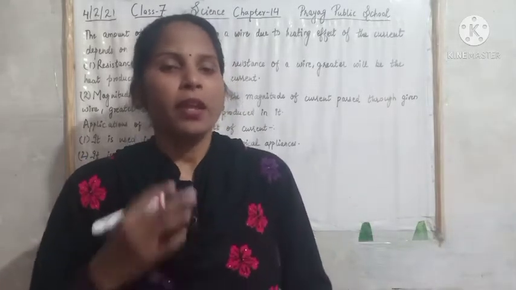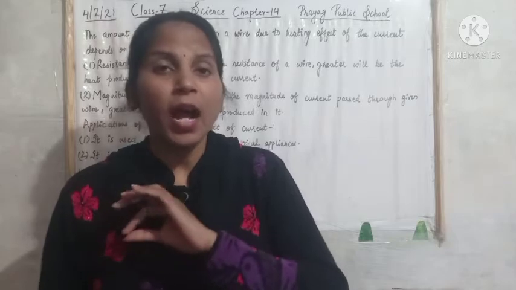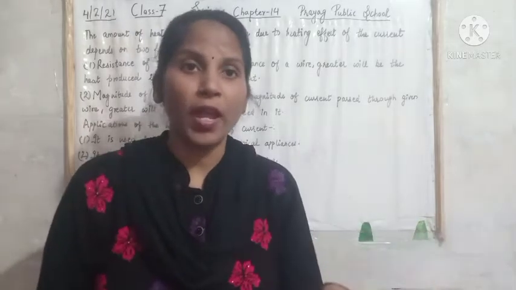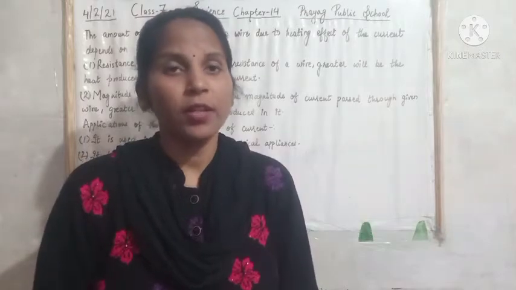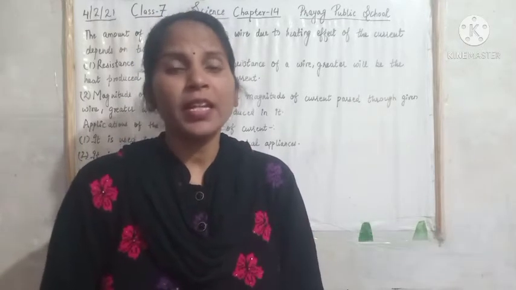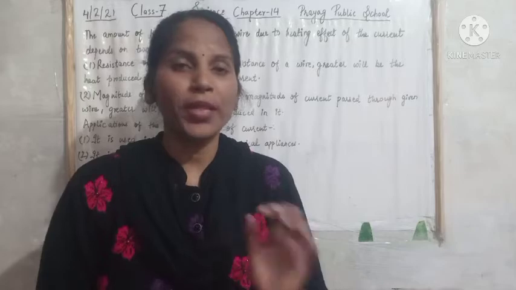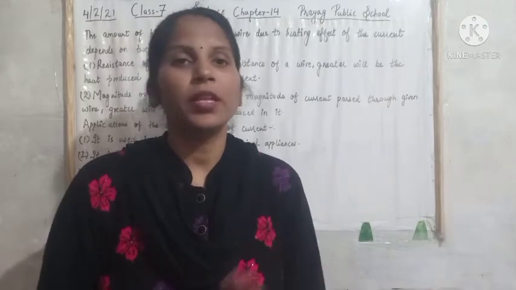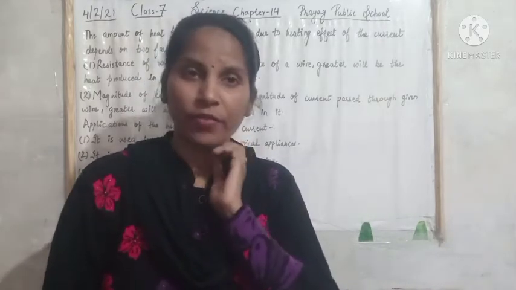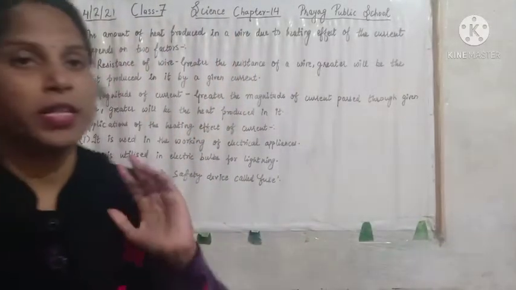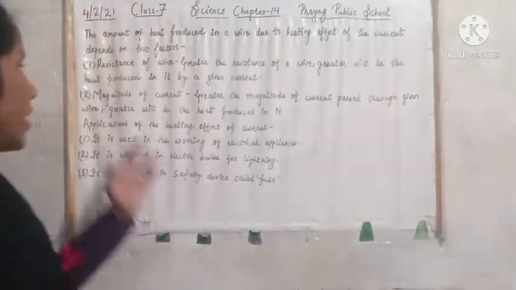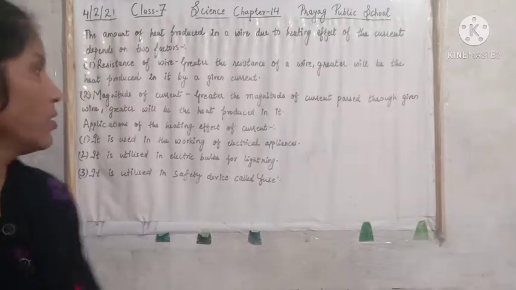But in case we are passing very high electric current through copper wire, then what happens? It can cause a short circuit and it can cause an accident. So greater the magnitude, greater will be the heating effect. So it depends on two factors. The first one is resistance of wire, and the second one is magnitude of current, right?